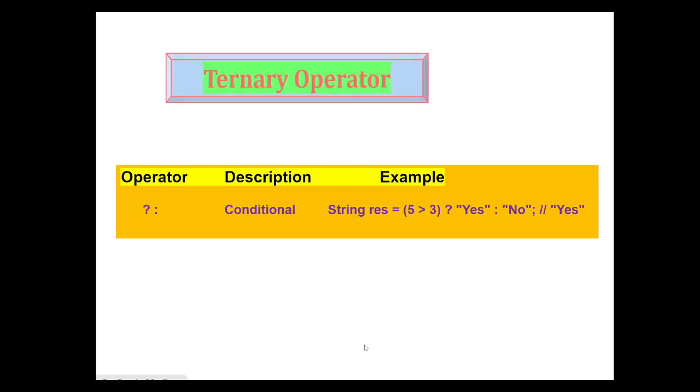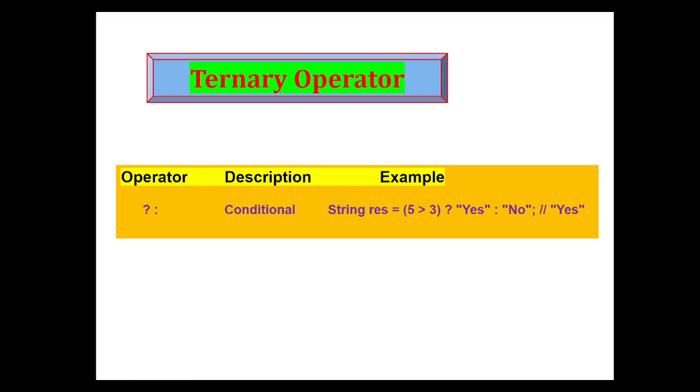Next is the ternary operator, which we can use for conditional purposes and which is a shorthand for the if else statement. This operator is a bit different from the rest, because here we are using two symbols: the first is a question mark and the other is a colon. Let us understand it with this example. Inside this bracket we have one condition, like 5 greater than 3; you can consider any condition here.